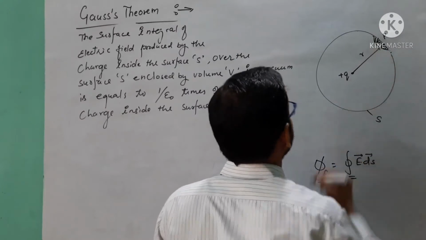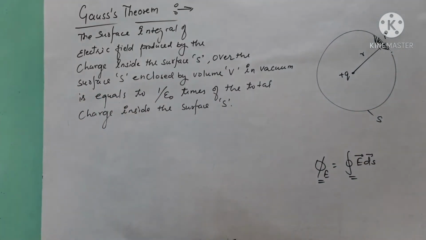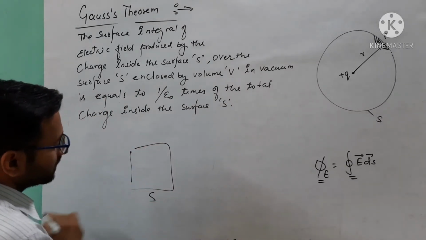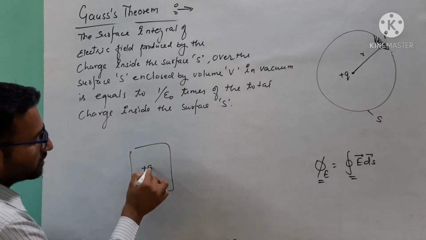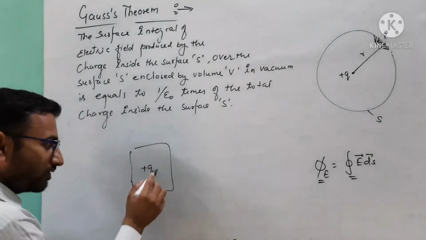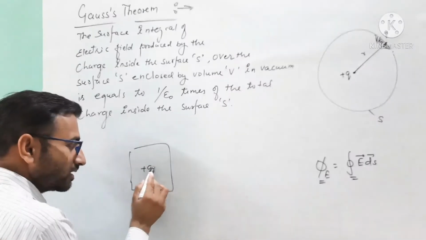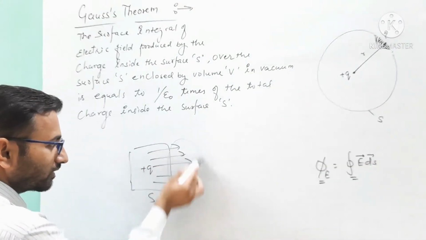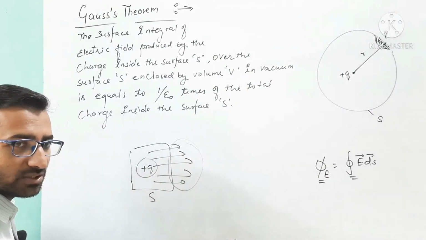Let me first complete the statement, after that I will prove. Suppose this is our surface S, and inside this surface a plus q charge is placed, and we know that if a charge is placed here, the electric field lines will move out. So this electric field is due to this plus q charge.